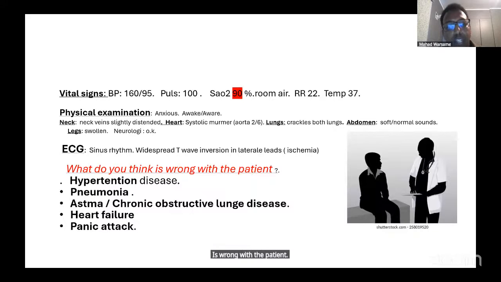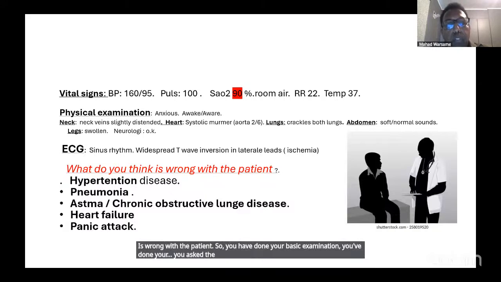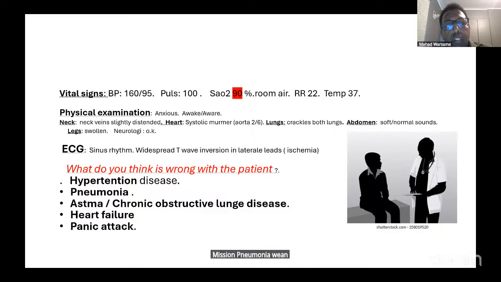So you have done your physical examination, you asked the patient his symptoms, you know his symptoms. What do you think is your hypothesis, your working diagnosis? Is it because he's hypertensive? Does he have hypertension disease? Is that the problem? Or maybe pneumonia, because he told you about his cough, and maybe that's the problem.